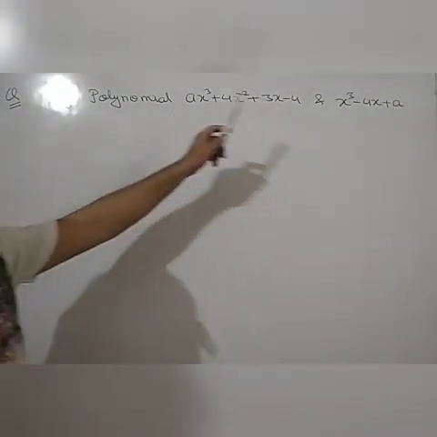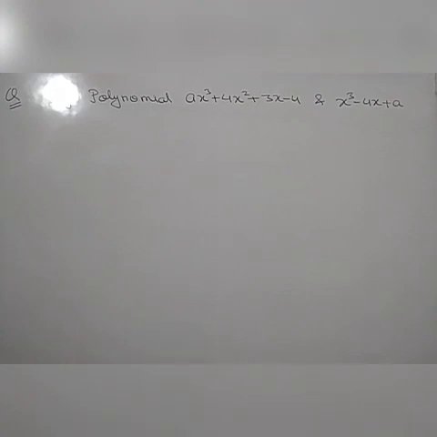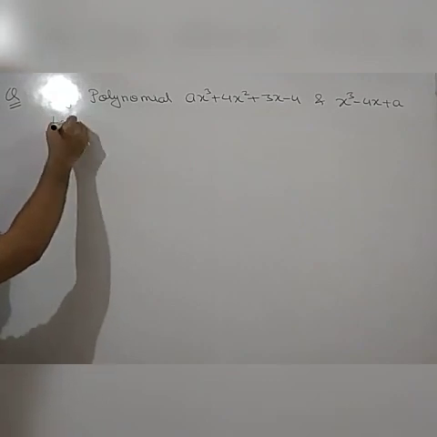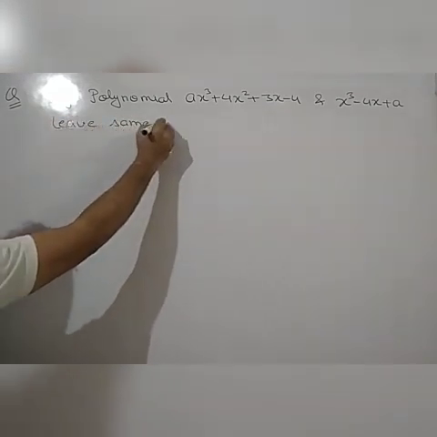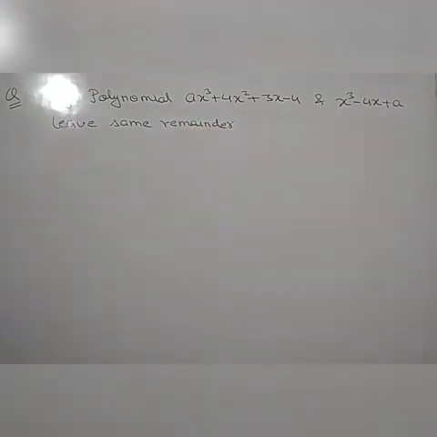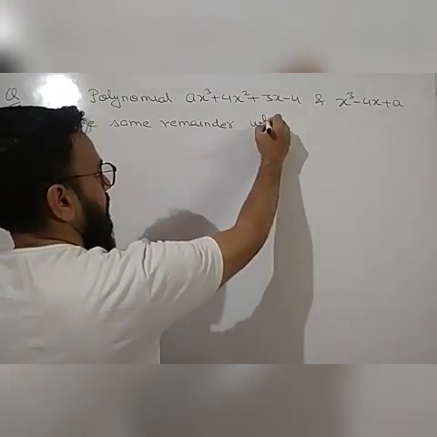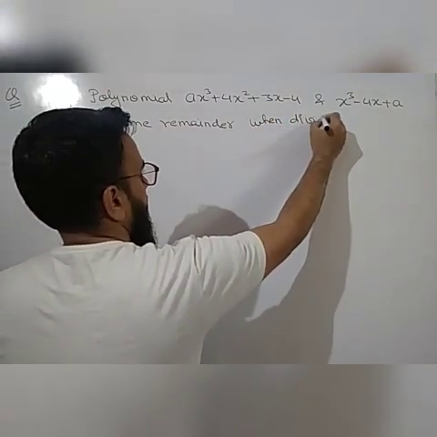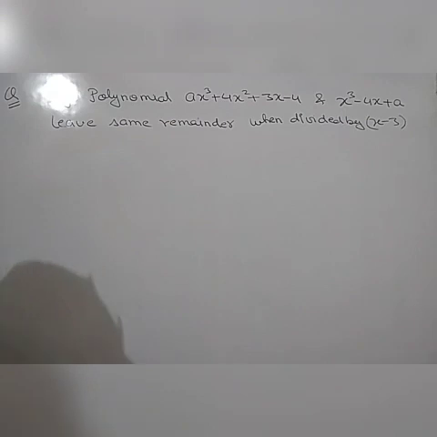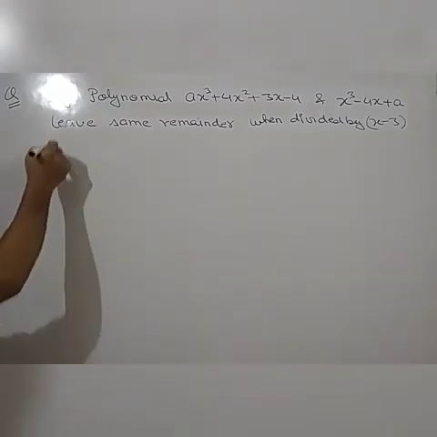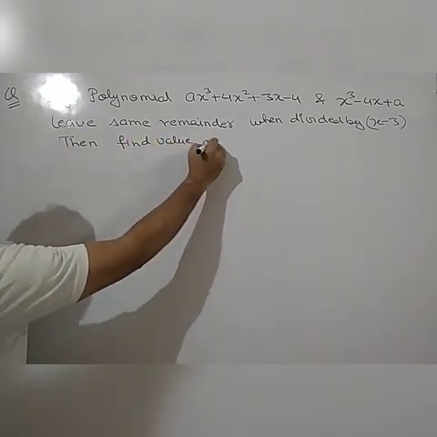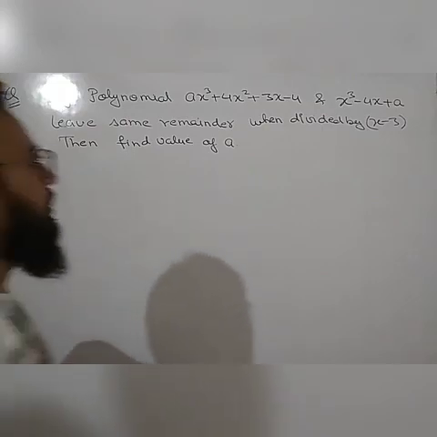If this polynomial and this polynomial leave the same remainder when divided by x minus 3, then find the value of a. Okay, this is the question.